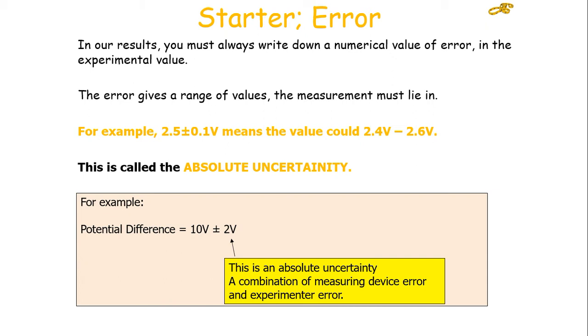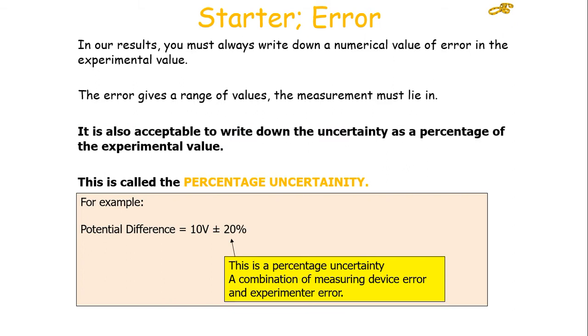You can write your answer as an absolute uncertainty, which is just a numerical value. So, for example, 10 volts plus or minus 2 volts. So there's your absolute uncertainty, but you can also write it down as a percentage of the experimental value, which is what we call the percentage uncertainty. So you could have, for example, 10 volts plus or minus 20%.